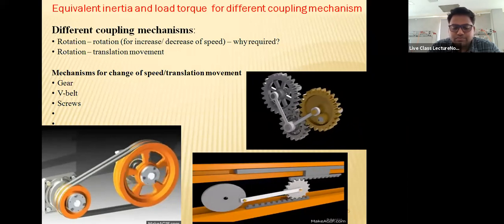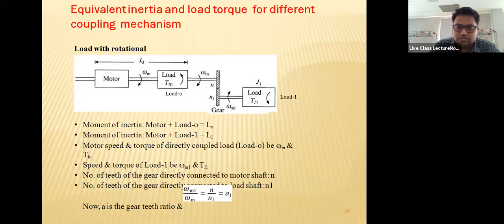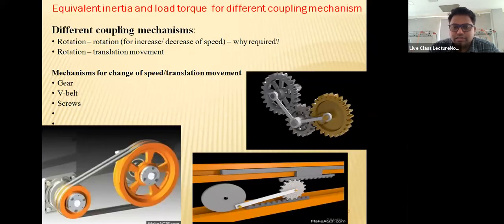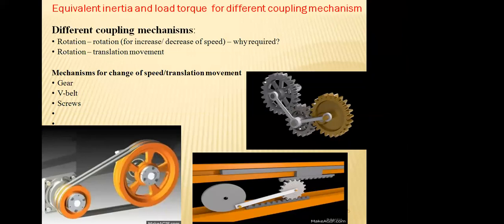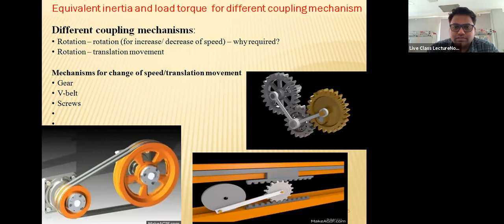And then we have some applications which need maintenance too. Sir, maintenance will be there for gear also because it is a moving part, right? Yes, definitely. But gear will be much lesser, and the coupling is very tight for the gears.